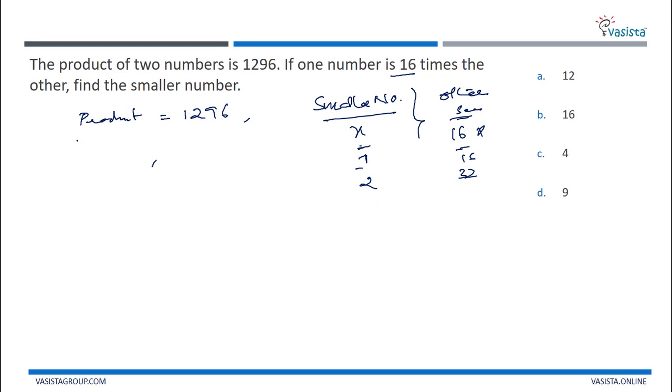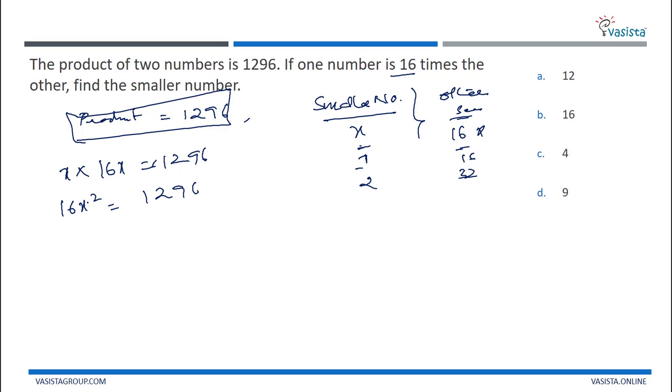Now what they have given, the product of two numbers is 1296. Product means multiplication. So x into 16x is equal to 1296. Now 16x square is equal to 1296. I multiplied this. Now x square is equal to 1296 divided by 16.